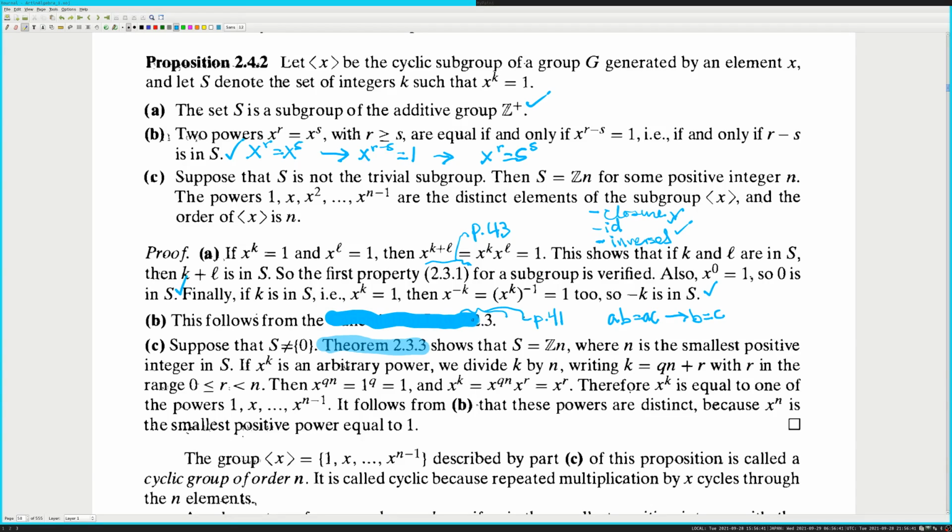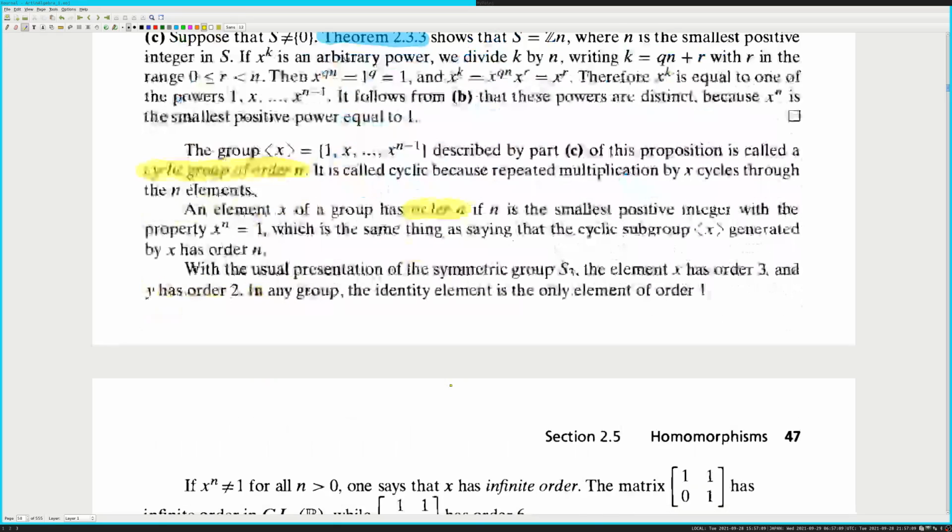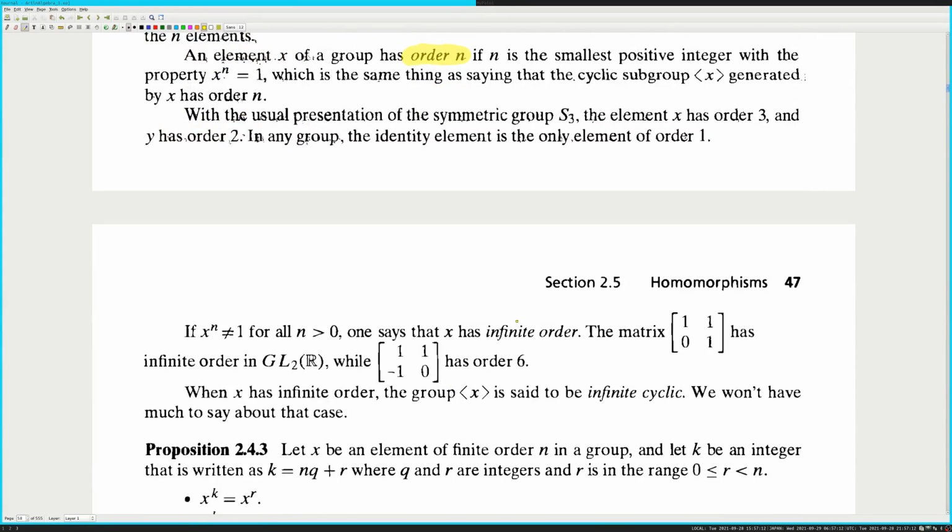Prior reference. This is the cyclic group of order n. This is a term. It goes in yellow. Order n. This is a term. Infinite order. That's a term. Infinite cyclic.